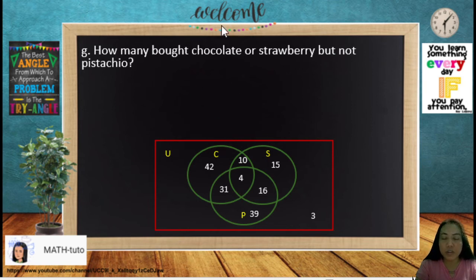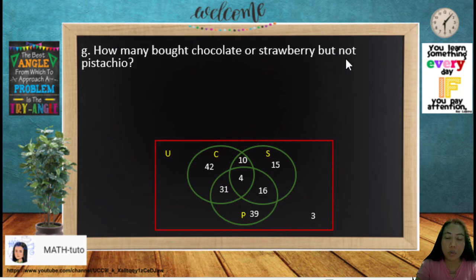Because this question here means those who bought chocolate, it can be chocolate only, or strawberry only, or those who also bought chocolate and strawberry. But there is a statement here that says but not pistachio.